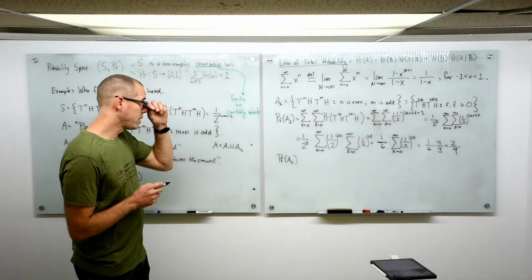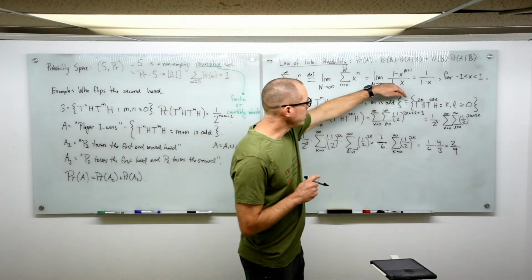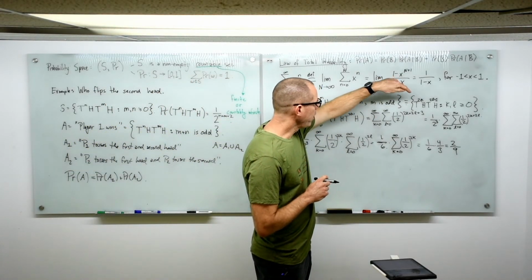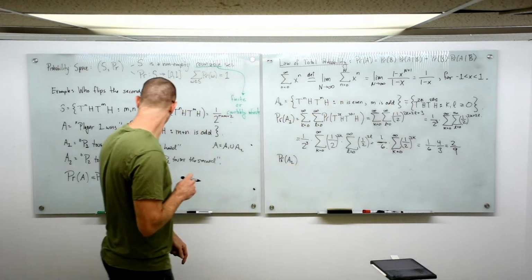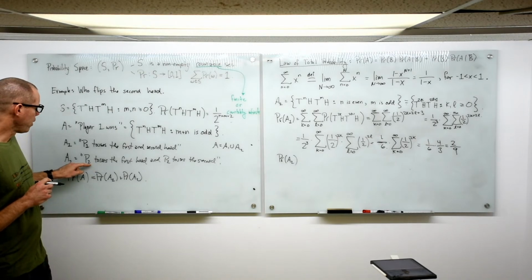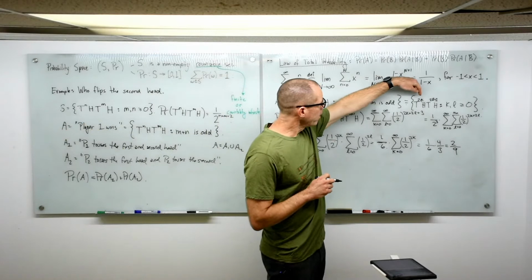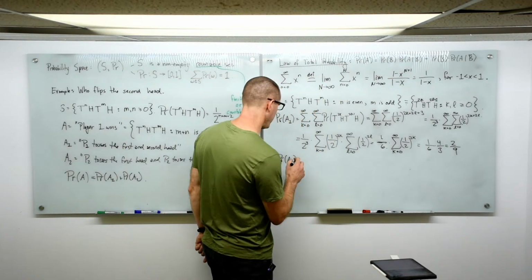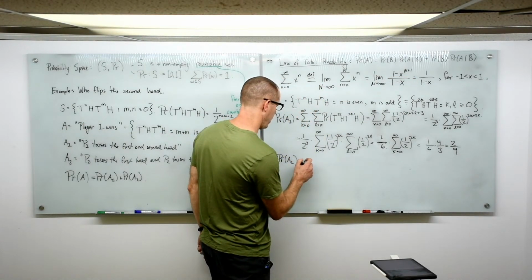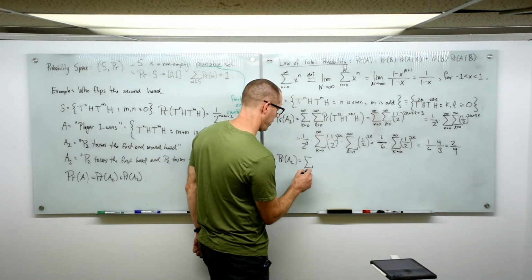So we follow the same kind of reasoning. The only difference here is for A2, that means player 2 tosses the first head. So that means the leading sequence of, let me just write this down.